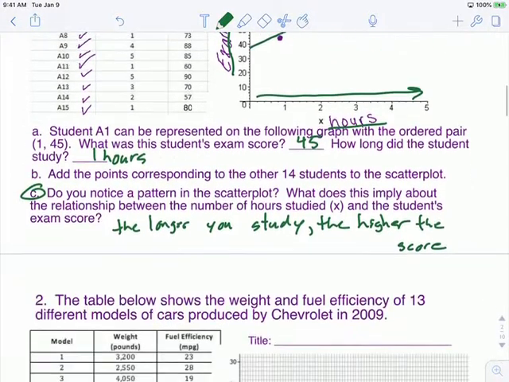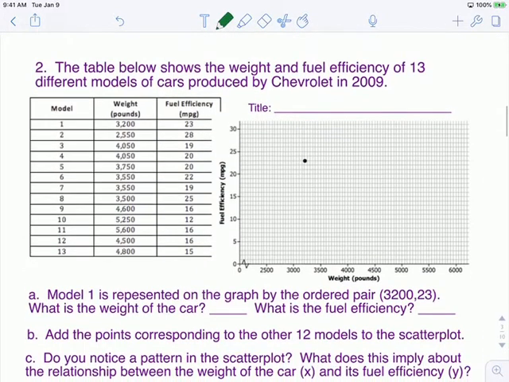So let's take a look at another one. This table is showing the fuel efficiency on 13 different cars that were made by Chevy in 2009. So let's call this cars. And it says here the Model 1 is represented on the graph by the ordered pair (3200, 23).